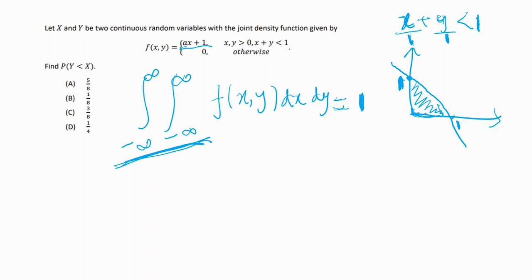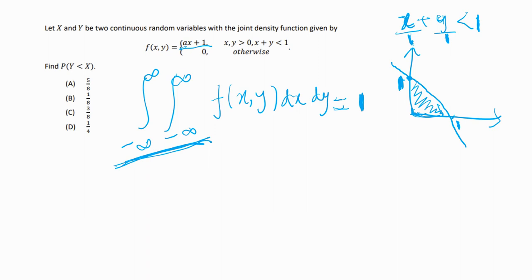I'll not ask how to do that. I just want to know, have you done double integration before? Okay, okay. So those who have not done it ever, let me tell you.